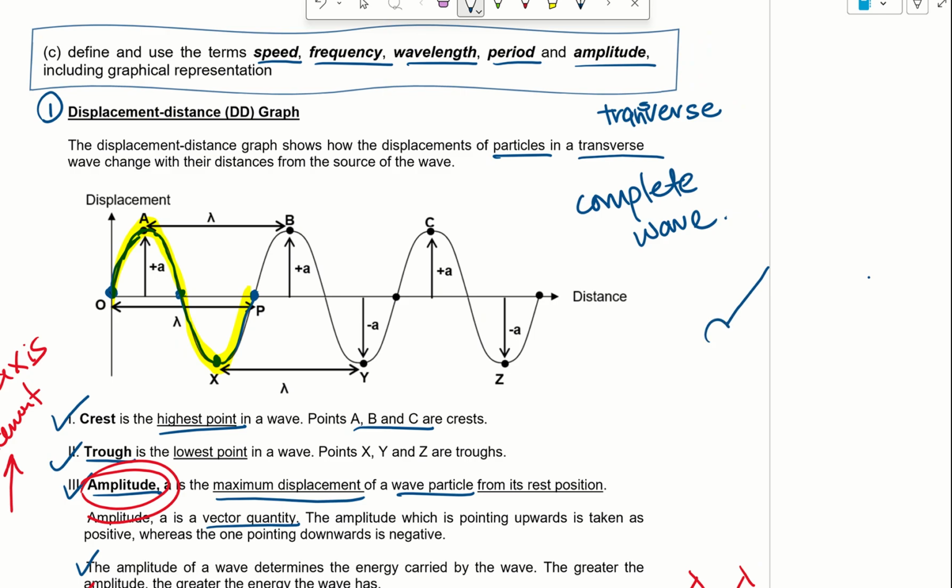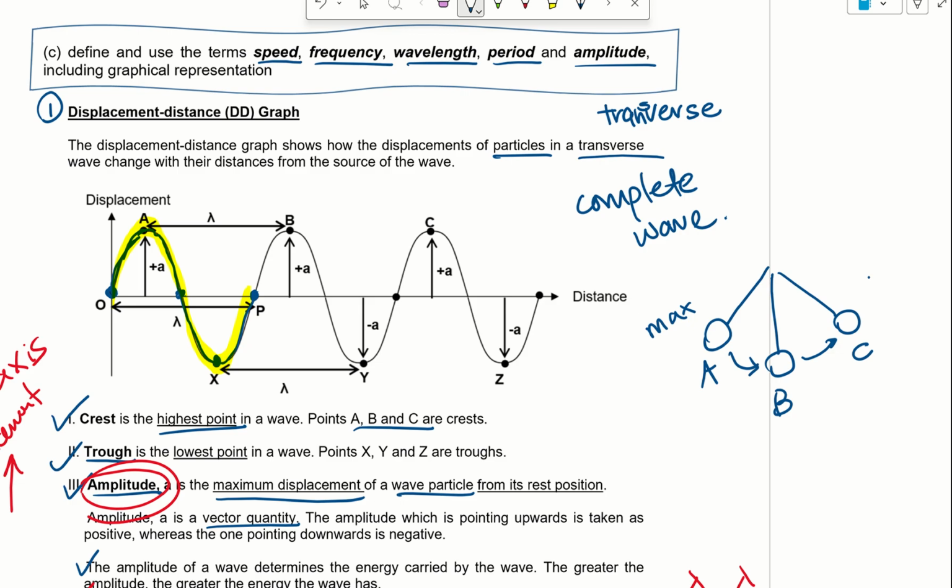So imagine I have a pendulum. I release it. So currently it is at the maximum position. Let's call this position A. And it moves down to the rest position at B. Then it should go up to this position C.